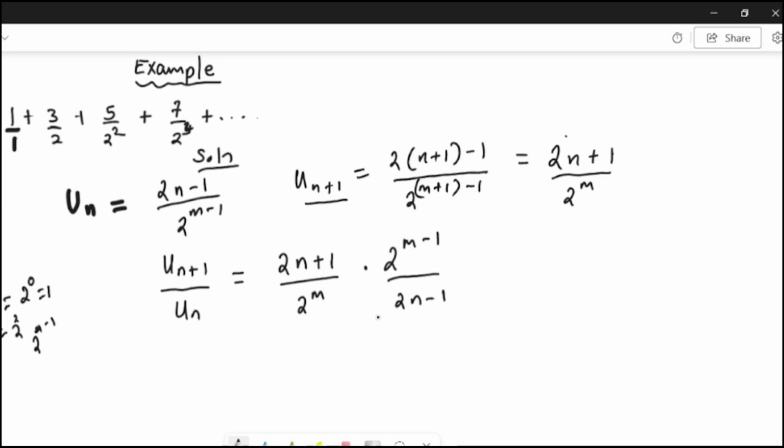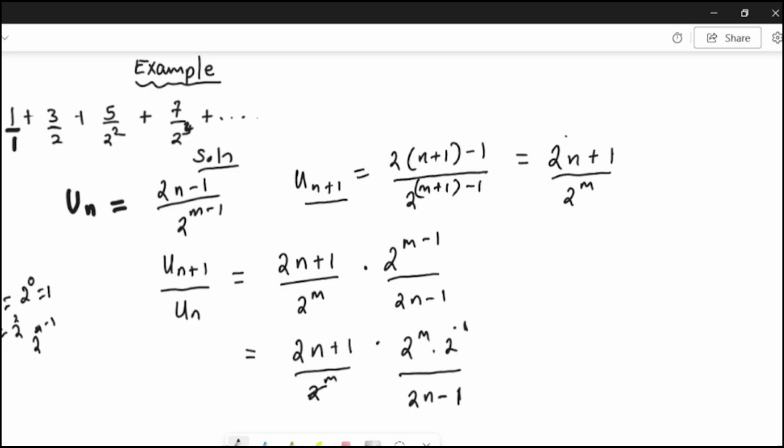Now you know the laws of indices, how they work. So we're going to have 2n plus 1 times 2 to power 2m times 2 to power minus 1 over 2n minus 1.